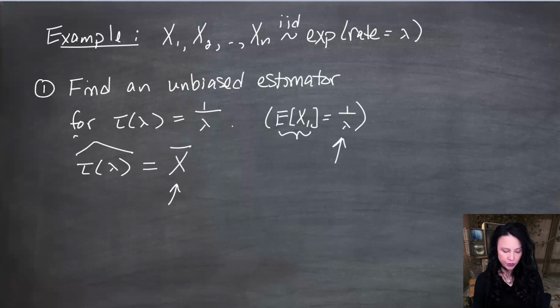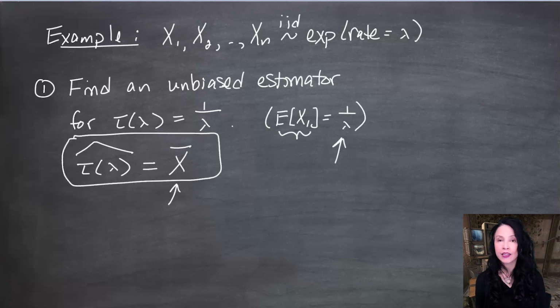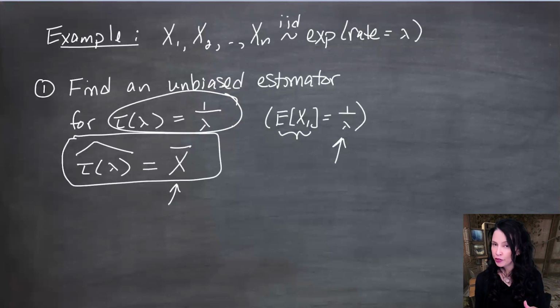And so we are done with finding at least one unbiased estimator. And we will get to lambda, but this is obviously much easier because it's the mean of the distribution, and we know that sample means are pretty good and definitely unbiased estimators for true means.